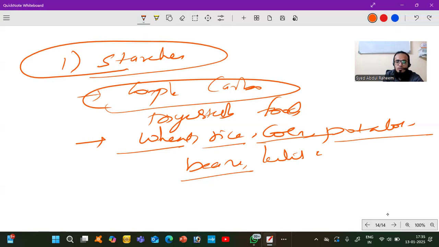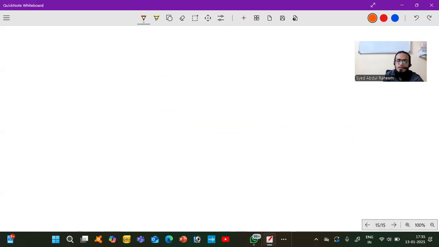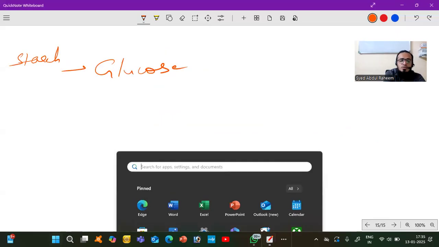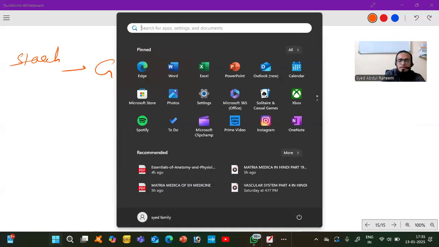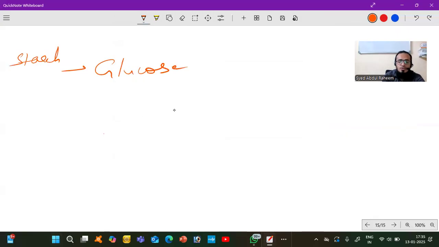So first, whenever digestion happens, it will break down into glucose. Starch will convert into glucose during digestion.